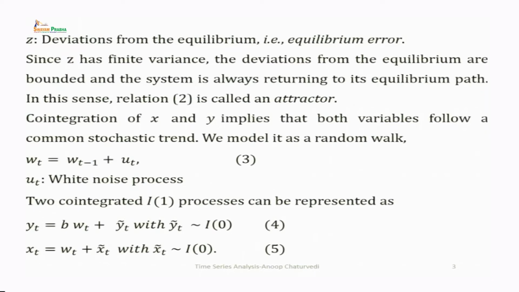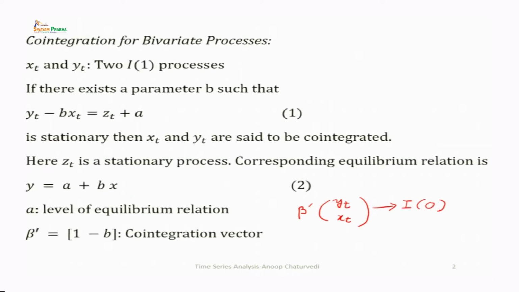So, in this sense we say that this equation 2 is an attractor. This equation is called an attractor. Ultimately, the process is attracted towards this equilibrium equation.